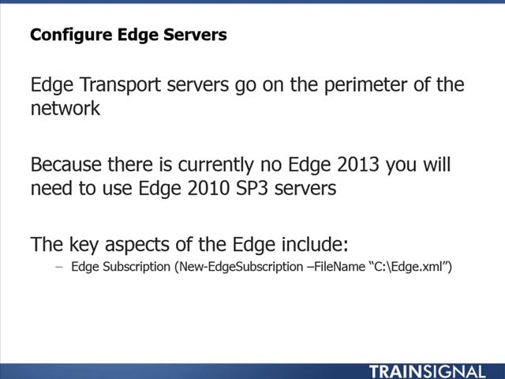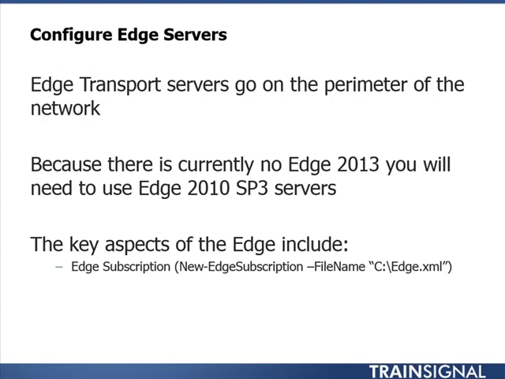There's the Edge subscription. This is something that you do using the Exchange Management Shell, where you create an Edge subscription, and it's an XML file that's created, and you do that on the Edge transport server. You copy that over to either a hub transport server on the inside, if it's running Exchange 2010, or a mailbox server running Exchange 2013, and you import that Edge file so that you can have this Edge subscription made between the two.